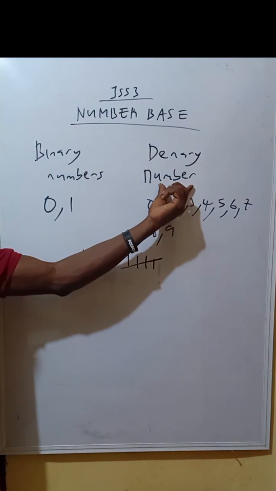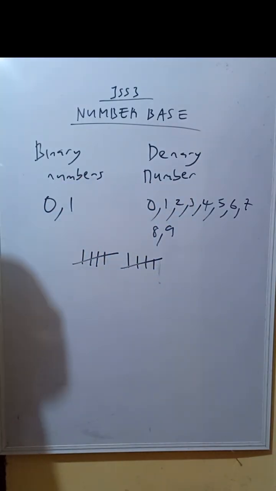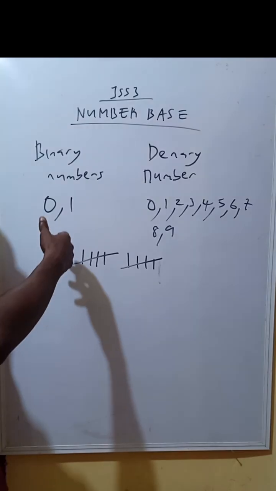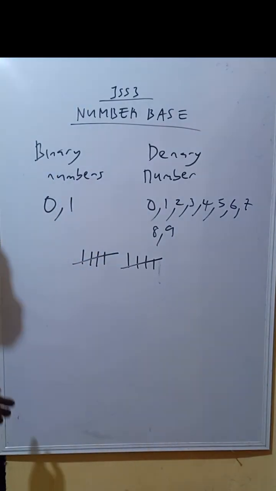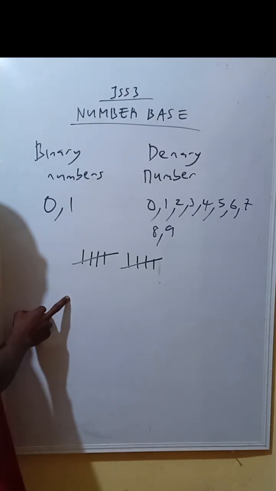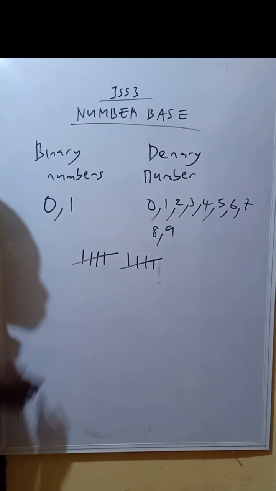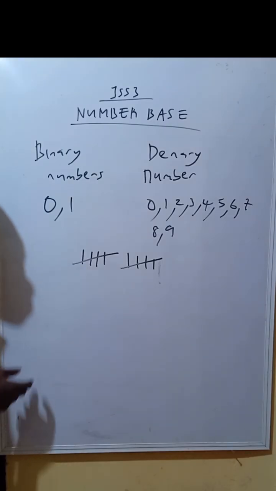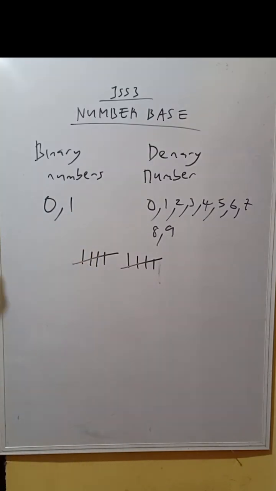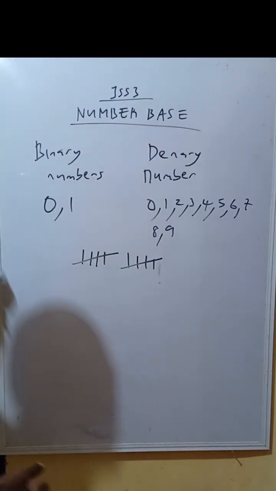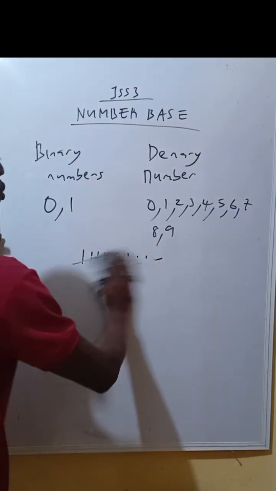All our calculation is done in base 10, and base 2 is so important because computers actually use binary numbers: 0 for this, 1 for the other. The programming language that you see in computers operates on binary numbers, 0 and 1. So let's dive into it.